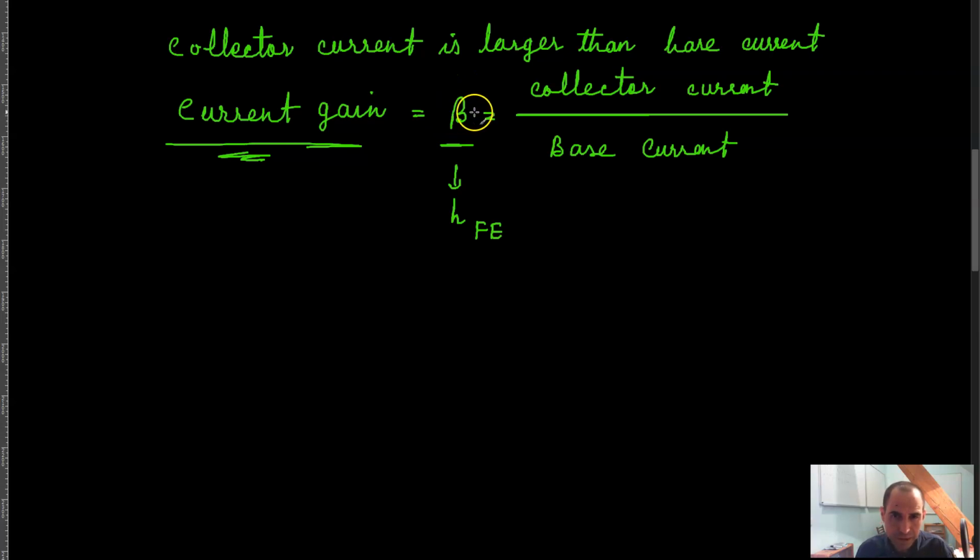And what that means is that, for example, if your beta is equal to 50, then your collector current is always going to be 50 times the base current. Whatever the base current is, multiplied by 50, that becomes your collector current, right? Of course, provided that your transistor is fully turned on, which is something that we will get to in a short amount of time.